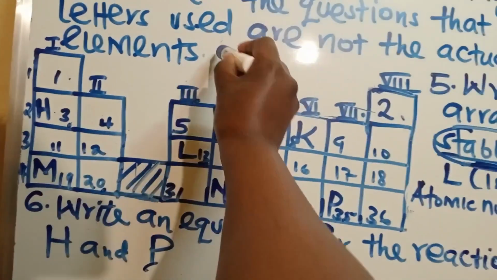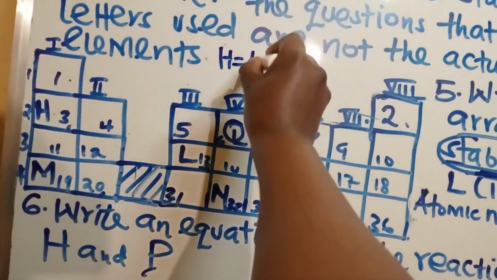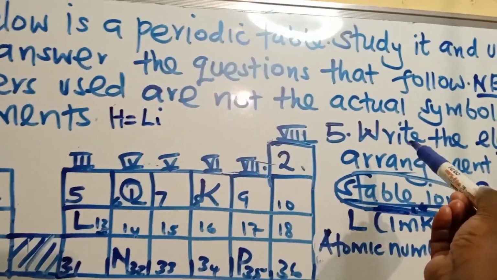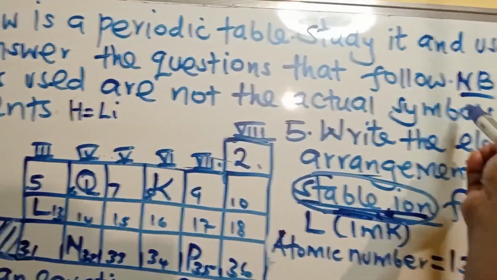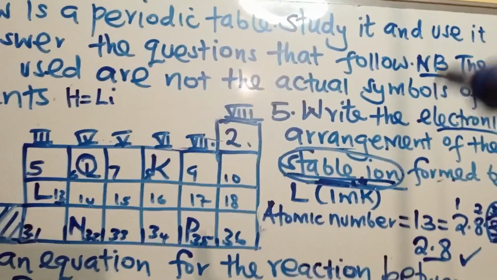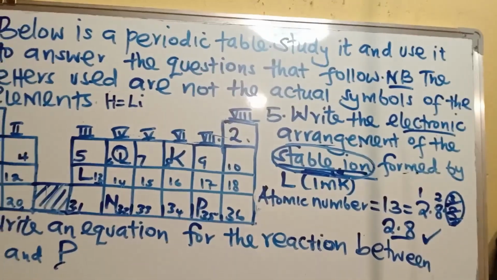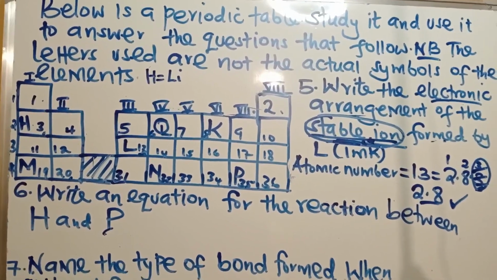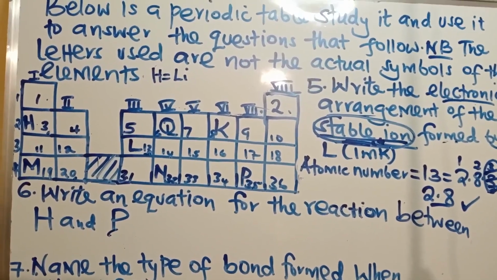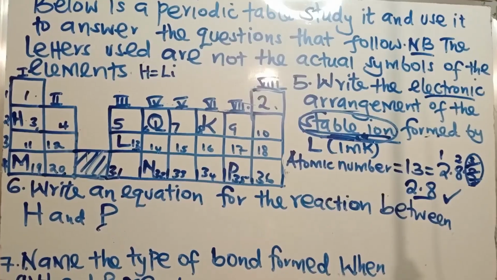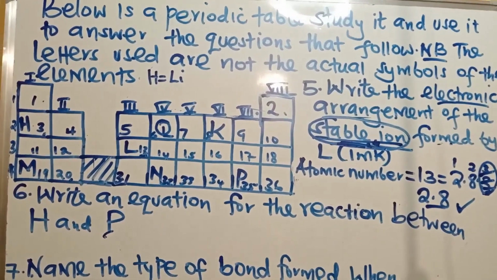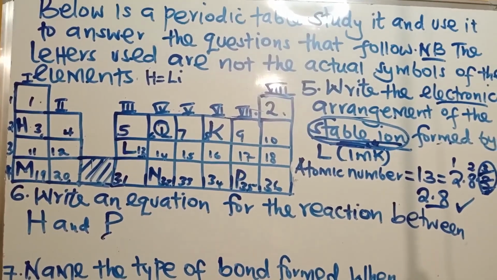So H is lithium and not hydrogen. Remember whatever is in the bracket here, in the question, is saying that the letters used are not the actual symbols. So always remember that. Even when letters are used and you know what they represent in a normal situation, remember they are just there to represent other elements.